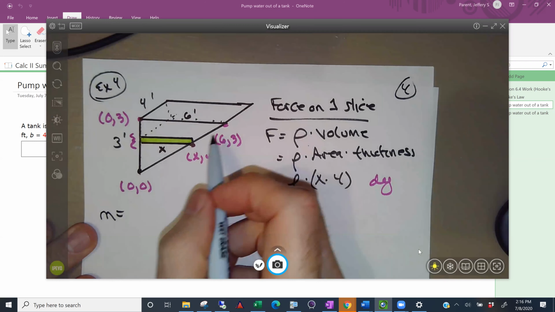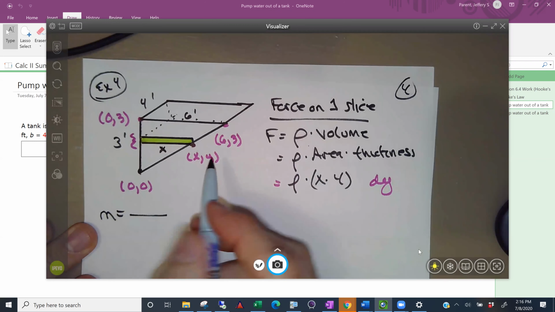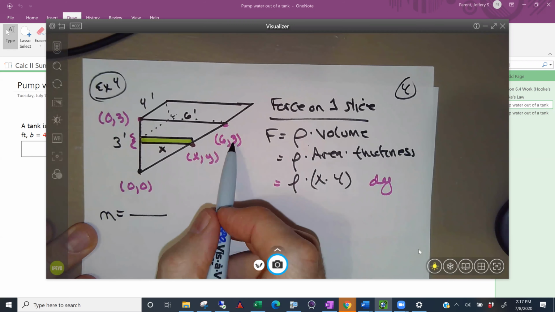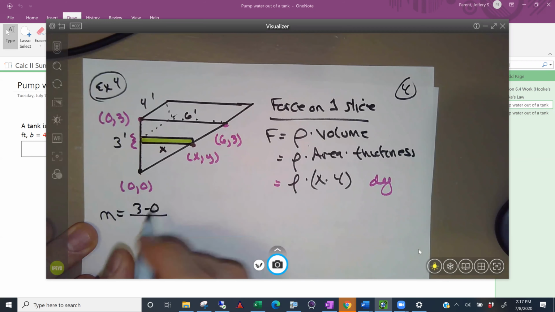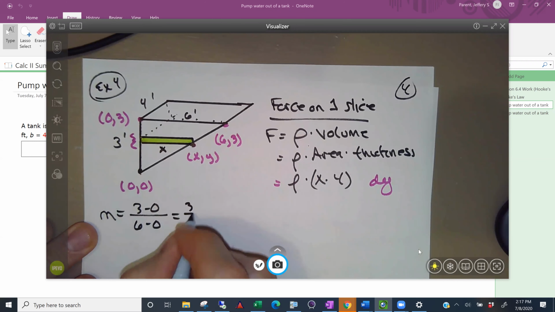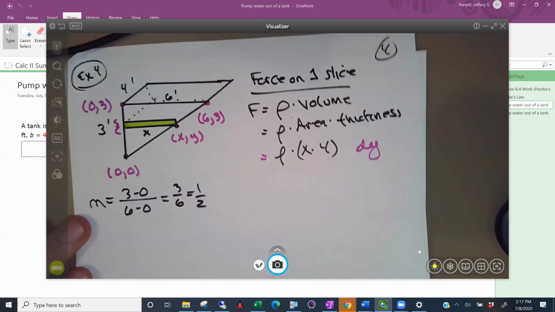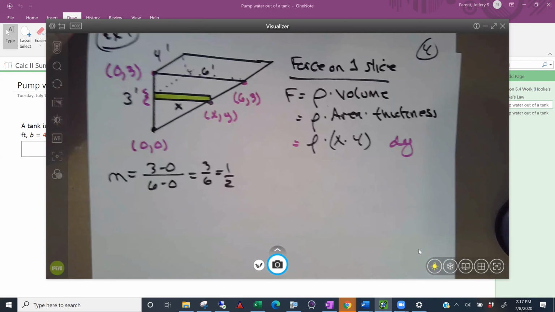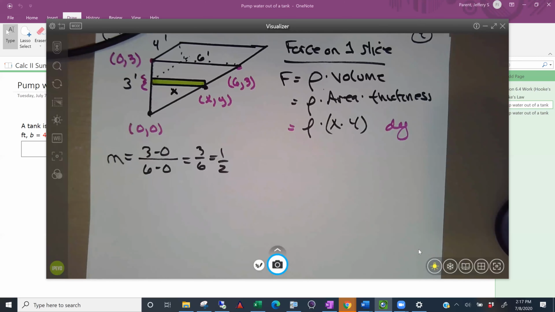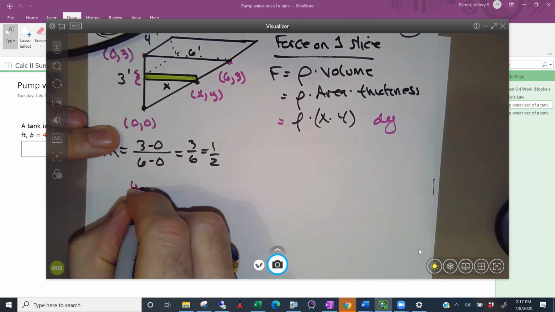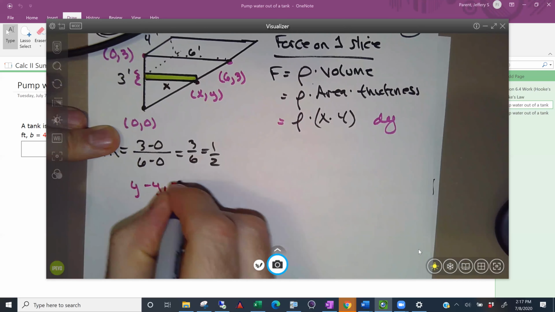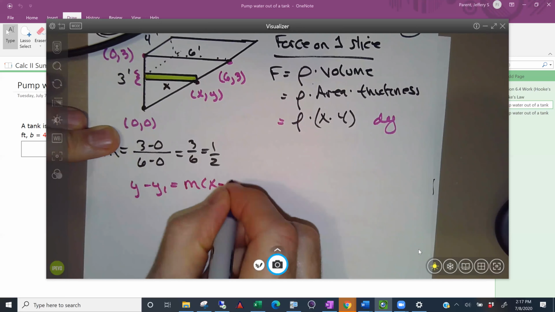The first thing I'm going to do is find the slope of the line. So I'll take y2 minus y1, so 3 minus 0, over x2 minus x1. So I get 3 over 6, which is 1/2. And then I'm going to drop it into an old familiar favorite: y minus y1 equals m times x minus x1.